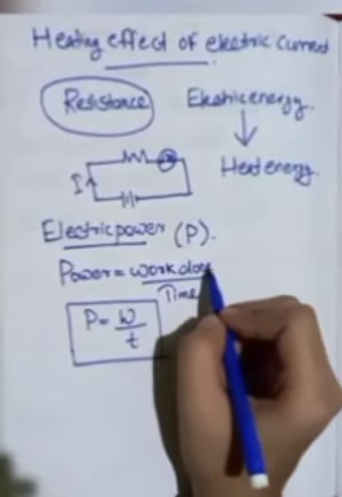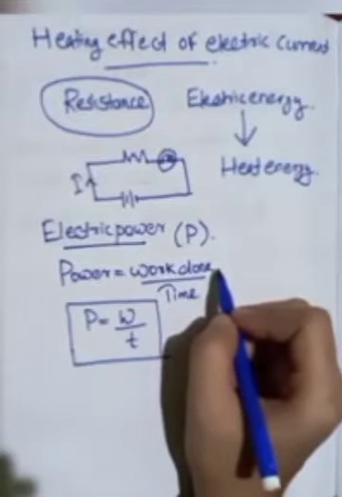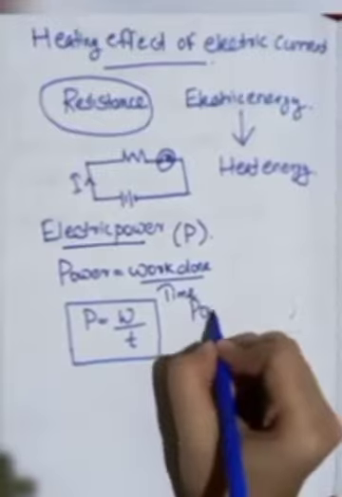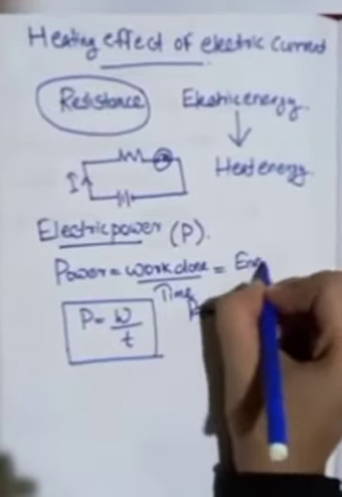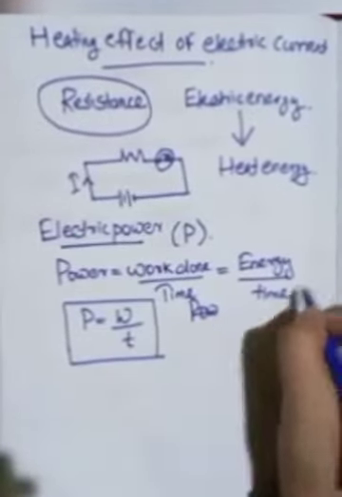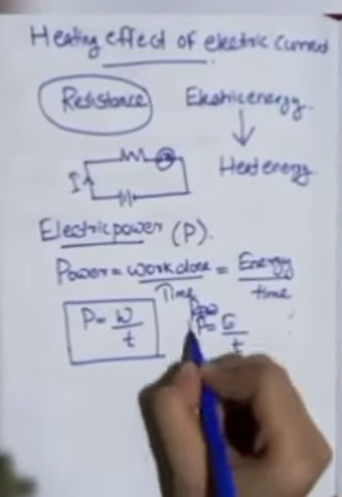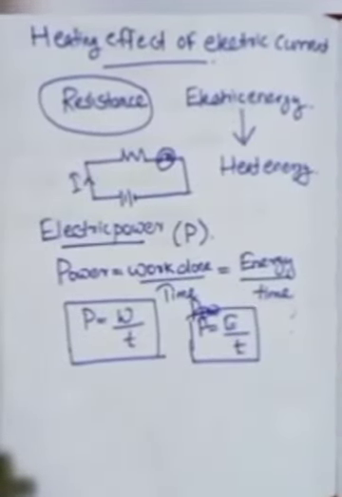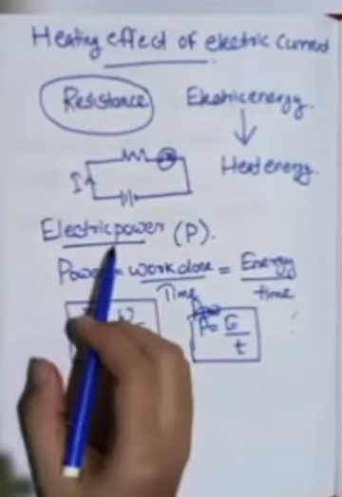We know this work done is equivalent to the energy dissipated. So power is equal to energy by time, that is, P is equal to E by T also. This is another equation for power.